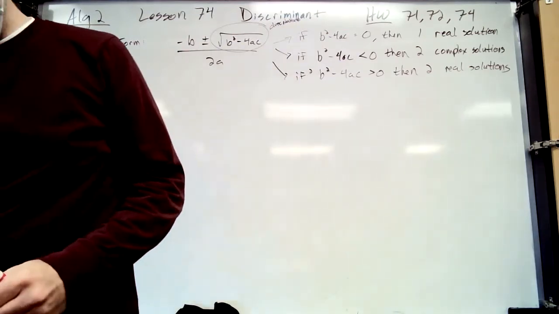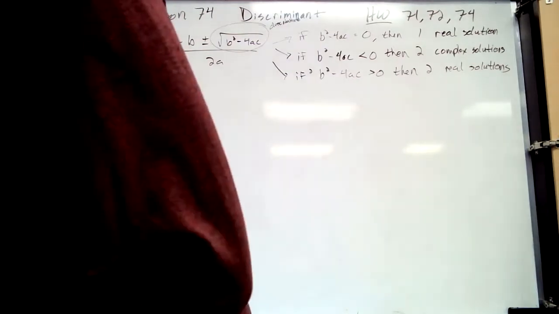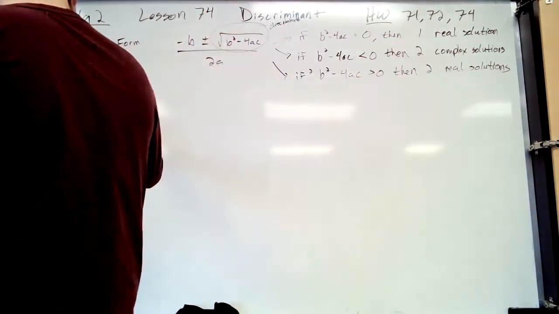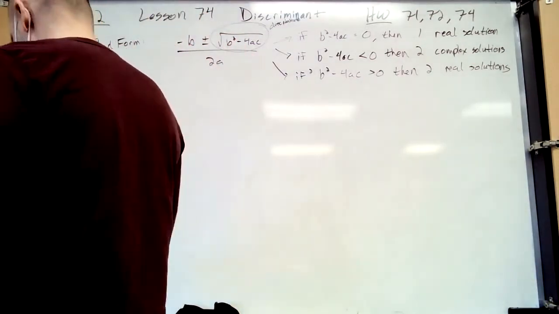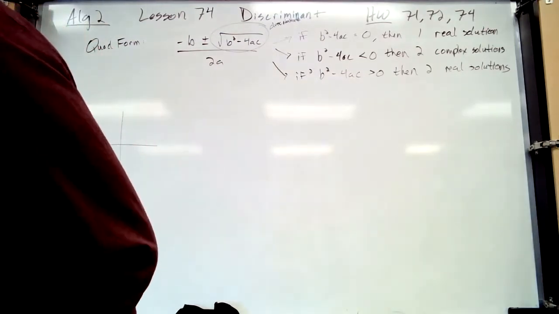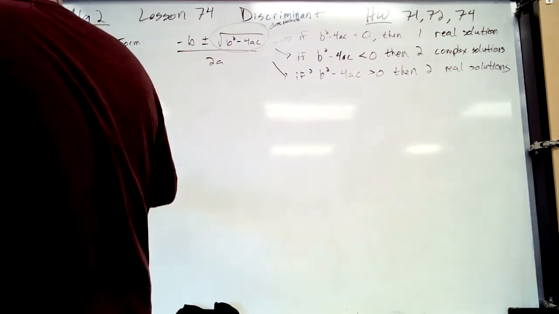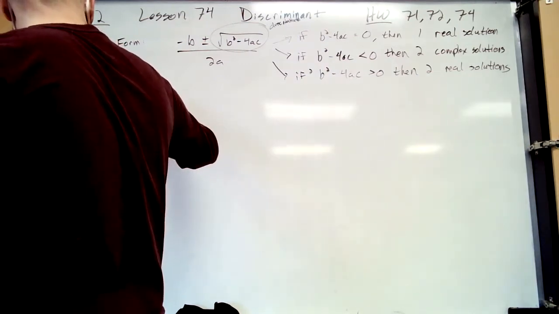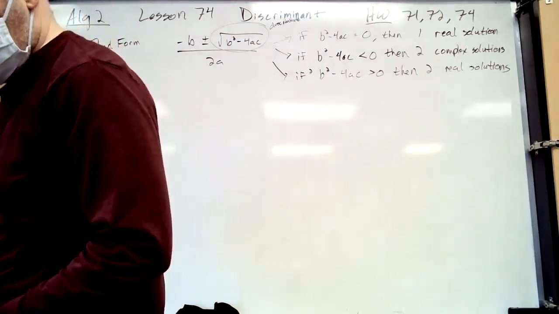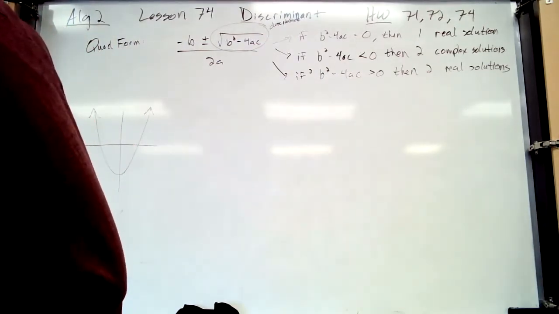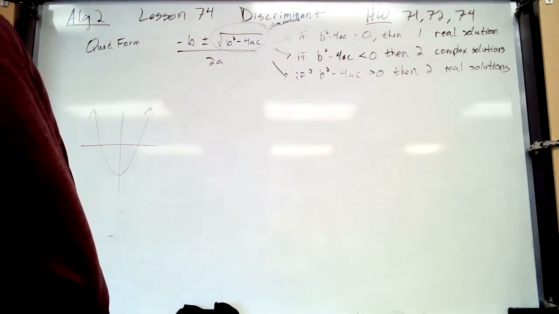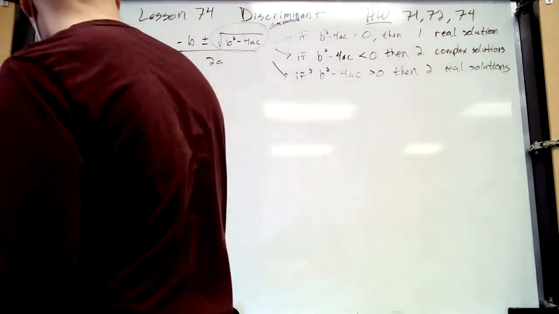Okay, so this is what these guys look like. So if you have x, you might have a situation like this. So this is where b squared minus 4ac is greater than 0.